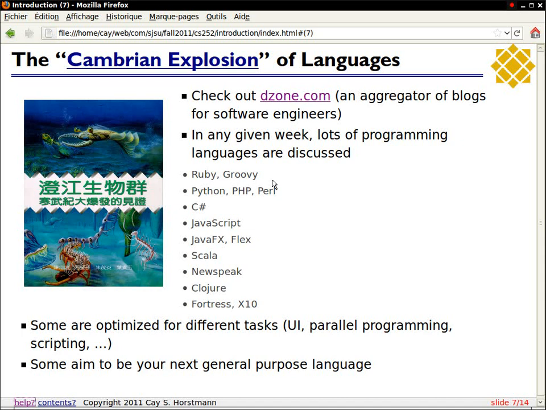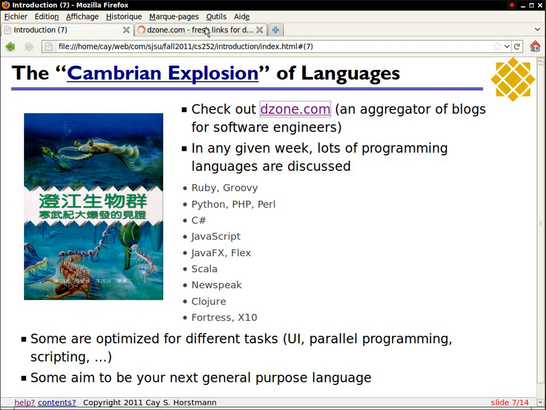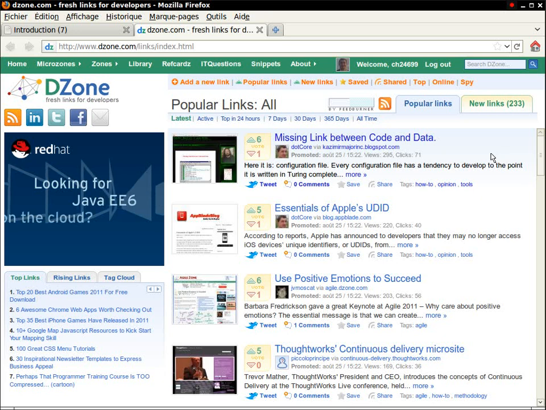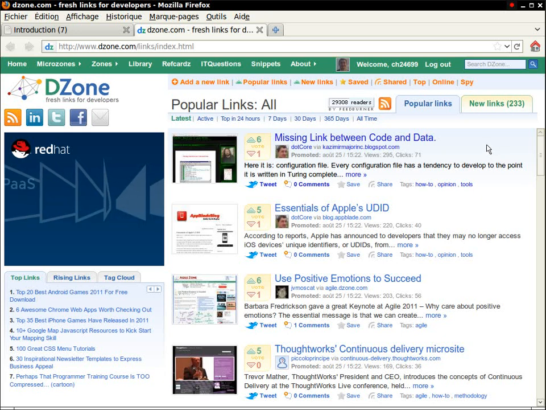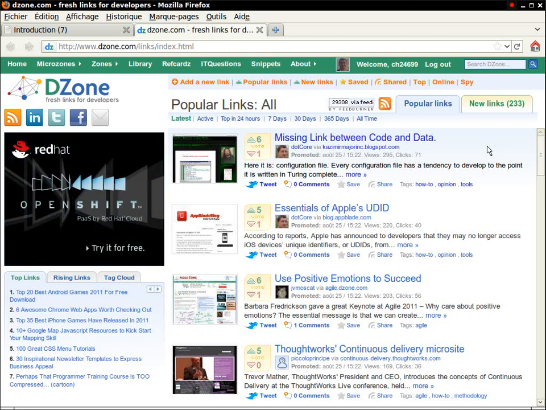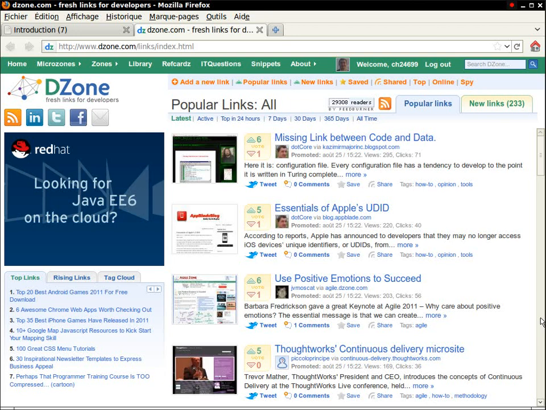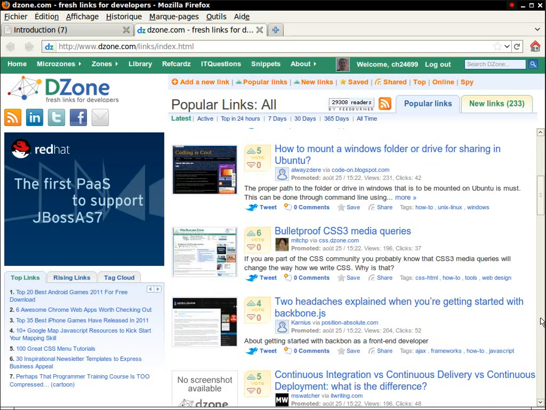I have a list of languages that you might see. I look at the site dzone.com several times a week because it's a good aggregator site for blogs that people write about what interests them in programming. These are regular old programmers, not programming language fanatics, but people who code for a living. You can kind of see what ails them.